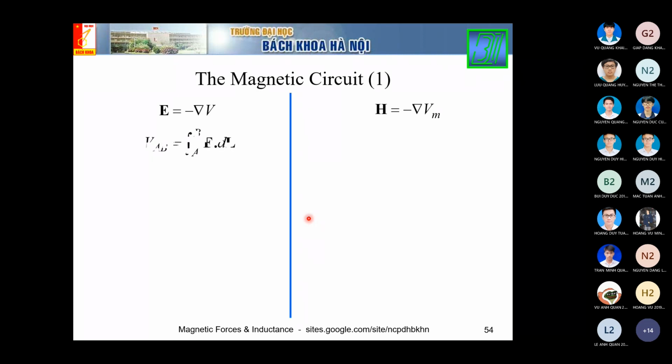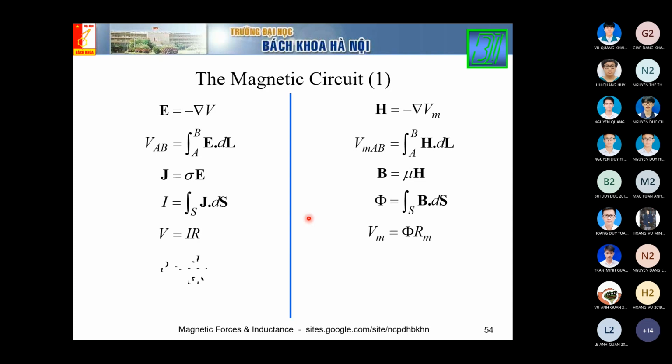In this page, you can see that there is similarity between the electric field and the magnetic field, like this. Okay, so we can use the technique that we took from the course, say from linear circuit, to analyze the magnetic circuit.